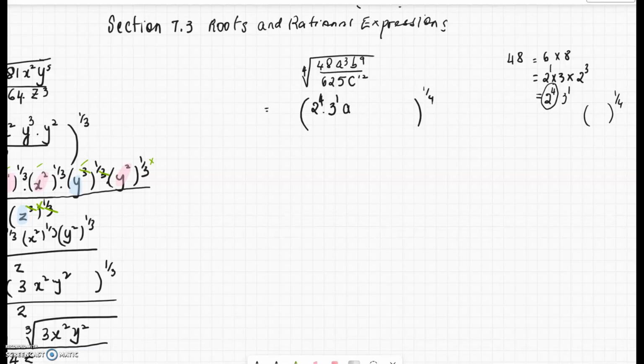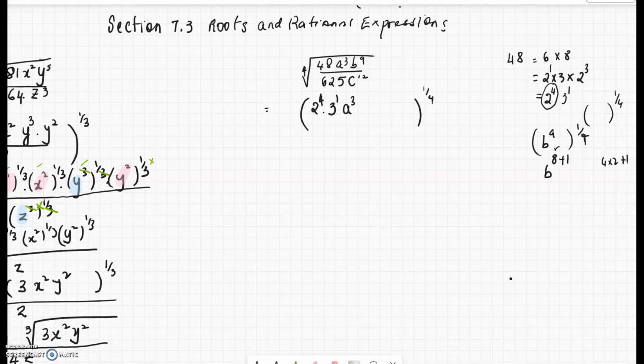And then we have the a cubed. Now b to the 9, remember, we're going to raise it to the 1/4. So we're going to write b to the 9 as b to the 8, because 4 is going to cancel with the 8. It's a multiple of 4, the largest multiple of 4 less than 9. So 9 is 4 times 2 plus 1. So the largest multiple less than 9 is 8.